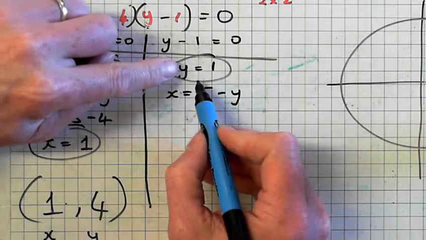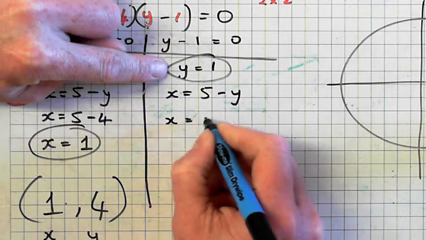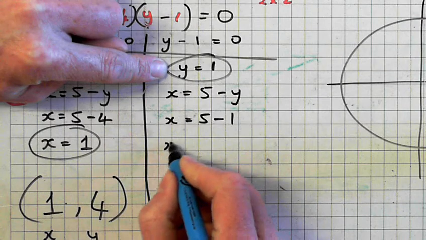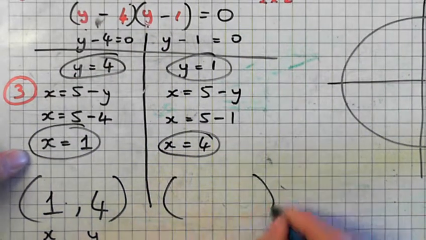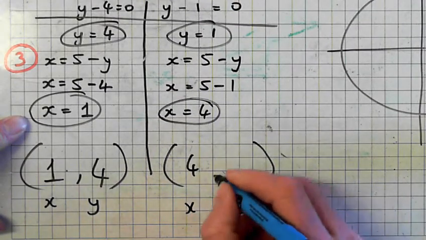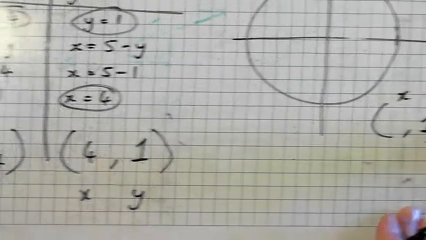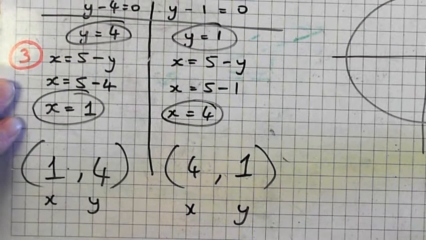And do the same over here on the right hand side. Replace y with 1. So x is equal to 4 and y is equal to 1. Second point, 4, 1. So 1, 4 and 4, 1.